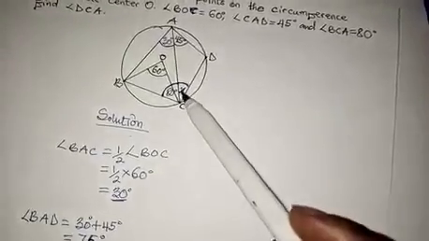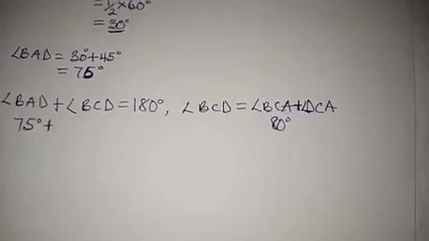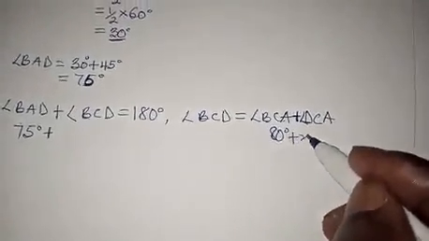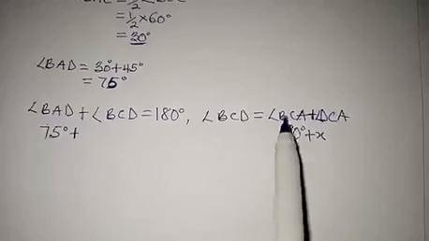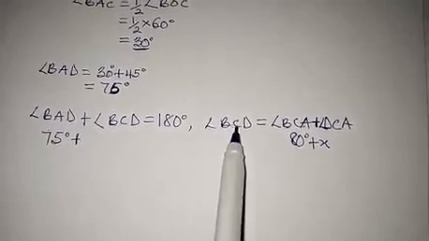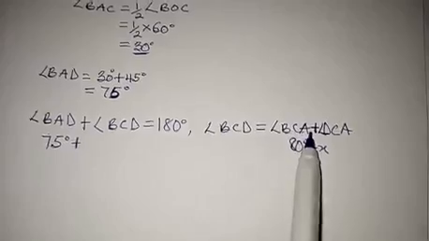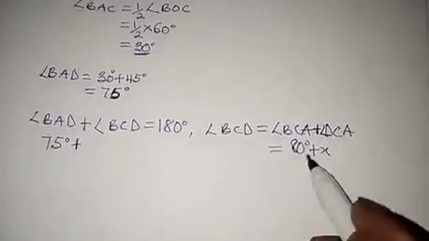That's where we put the X. So to get BCD, we add angle BCA to angle DCA.